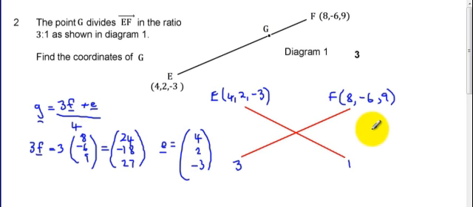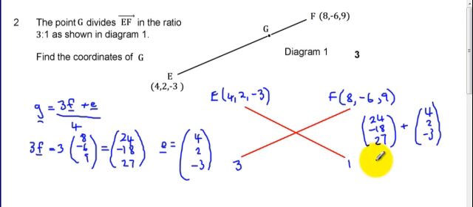Now, 3F plus E is equal to (24, -18, 27) plus (4, 2, -3). And this gives (28, -16, 24).